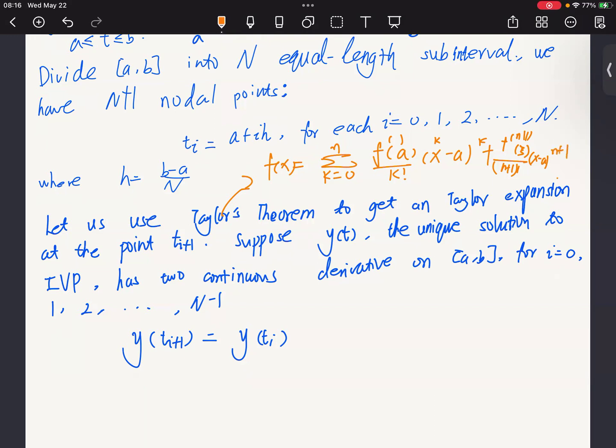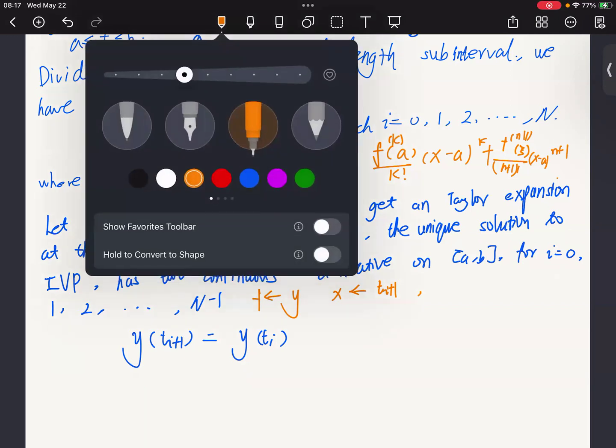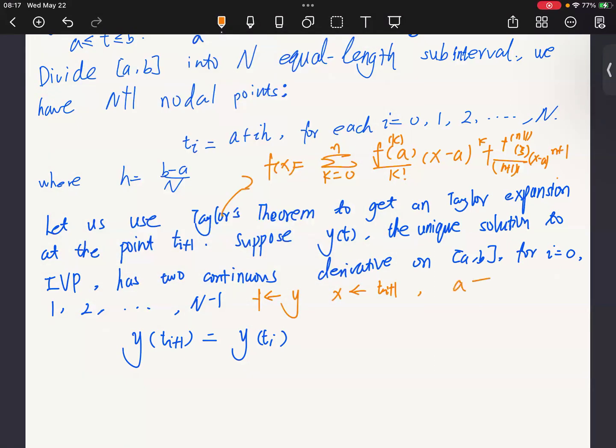So now in this Taylor expansion theorem, we let the f function be the y function, we let the left-hand side x be t_{i+1}, and we let a be t_i in our setting here.